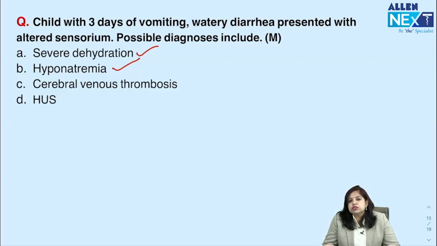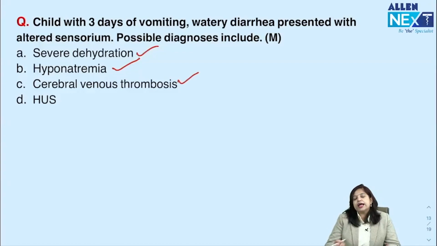So thrombocytosis is there. You look up any blood picture of severe iron deficiency anemia, the thrombocytes, that means the platelets, are in increased number. That's a prothrombotic state. So even that is known to cause cerebral venous thrombosis, especially if complicated by a bout of acute gastroenteritis. So for me, all these three options stand correct.